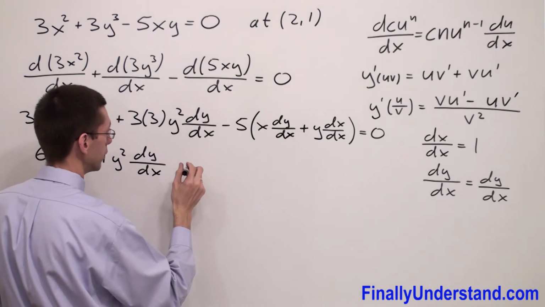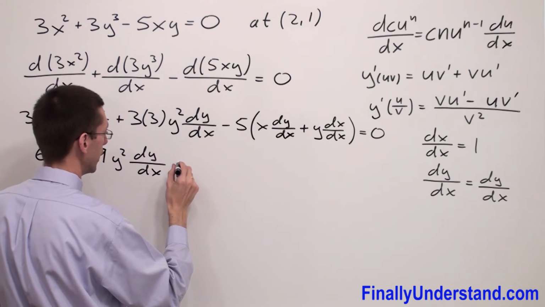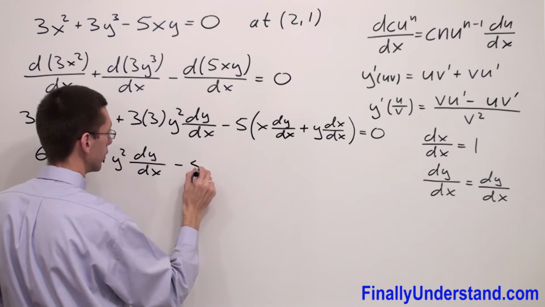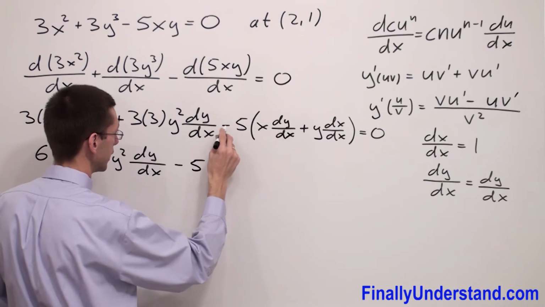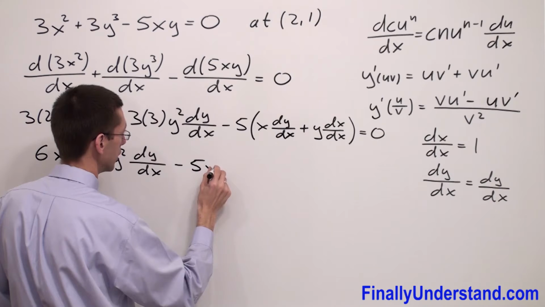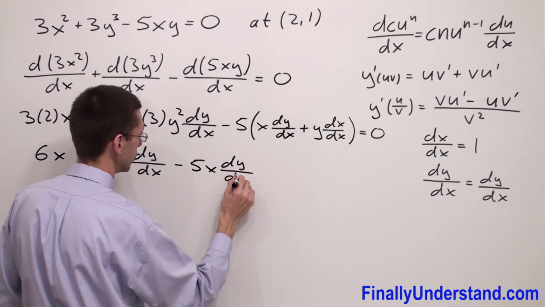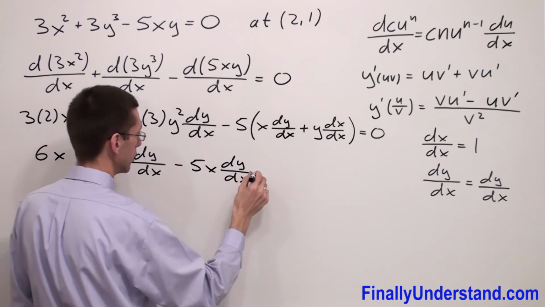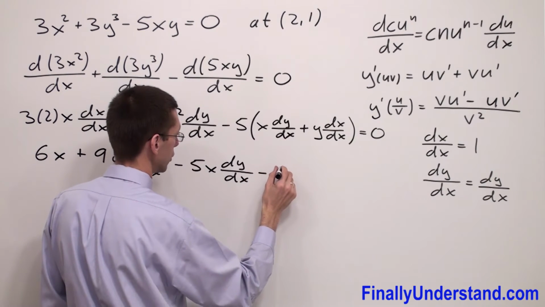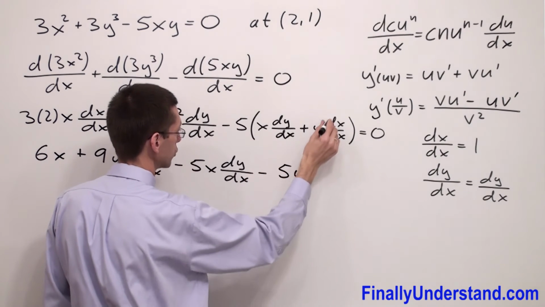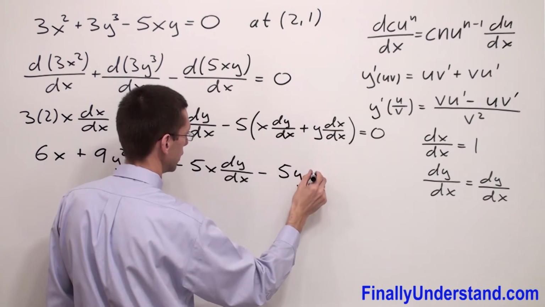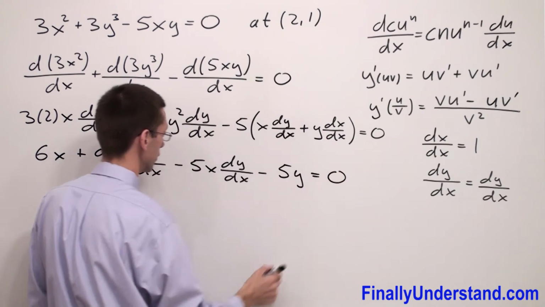Next one, we have minus 5. I'm distributing negative 5 into the parentheses. x dy over dx minus 5y, because dx over dx is equal to 1. Everything is equal to 0.